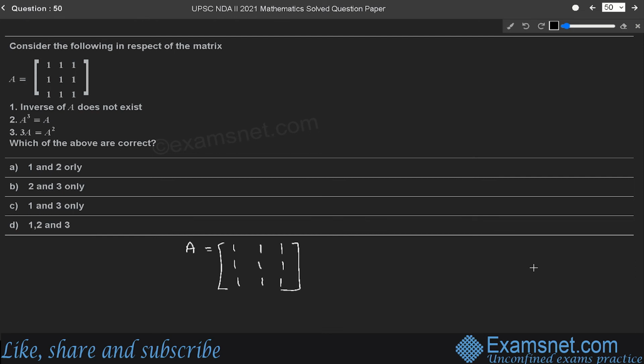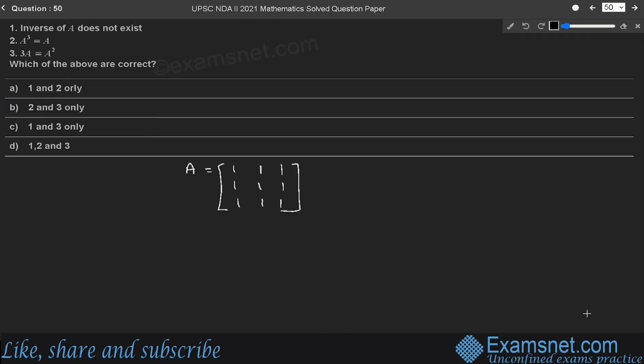So first let us find the determinant of matrix A. Determinant of matrix A will be equal to 1 into (1 minus 1) minus 1 into (1 minus 1) plus 1 into (1 minus 1), which is equal to 0. Therefore, A inverse does not exist, since the determinant is 0.